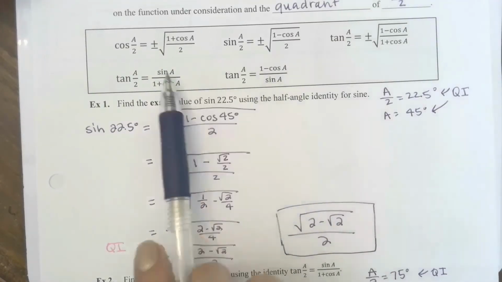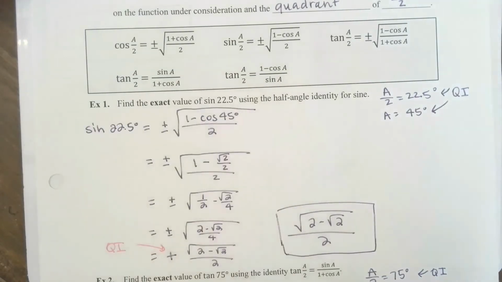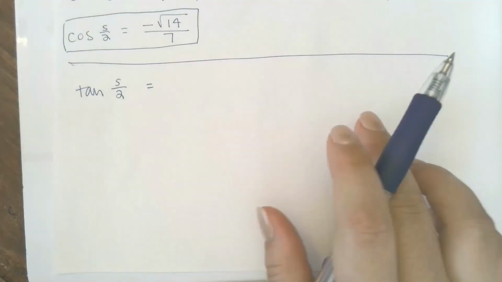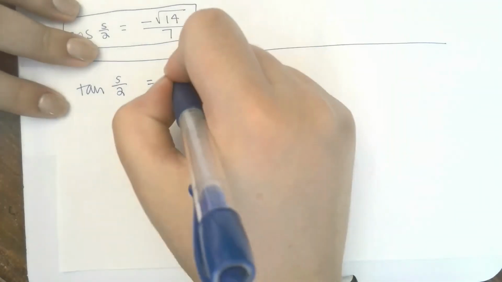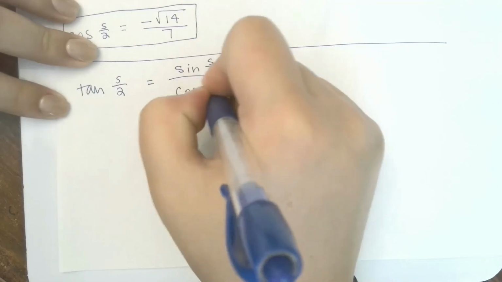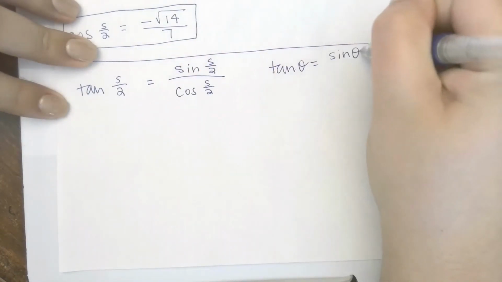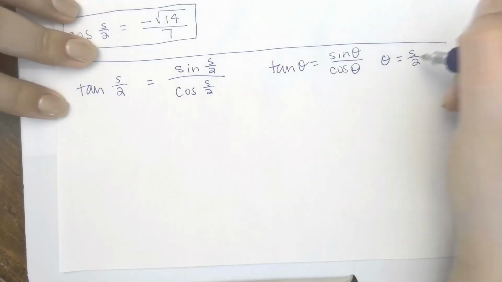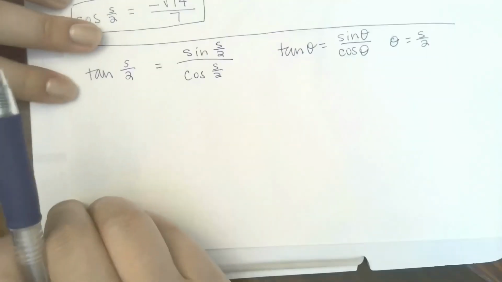But for these, we don't know what sine A is. We only know what sine of A over 2 is. So similar to what we did in the previous section, tangent of s over 2 is equal to sine of s over 2 over cosine of s over 2, because tan theta is equal to sine theta over cosine theta, and in this case our theta is just s over 2. So you can always go back to this quotient identity.